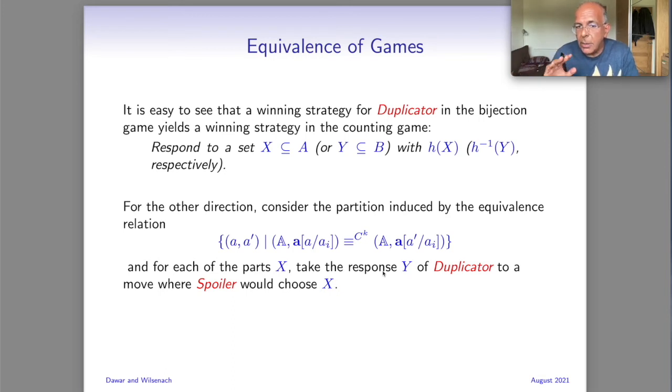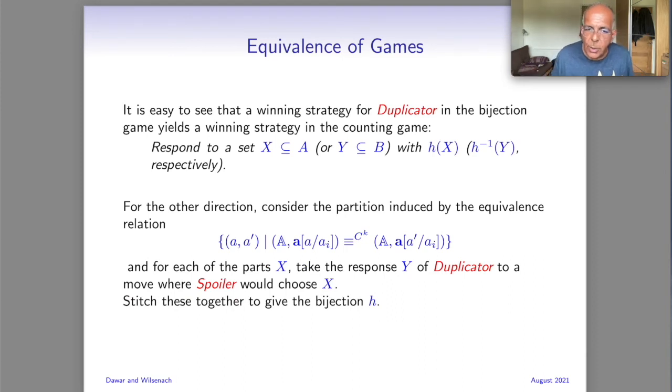Because if they have an overlap, then you would have two things which are CK equivalent in A, which are not CK equivalent in B, and that would violate the assumption that duplicator has a winning strategy in the counting game. So the partition of A induces a partition of B. Stitch these together to get your bijection H. So that's a sketch of the proof. I will leave it as an exercise to fill in the details.